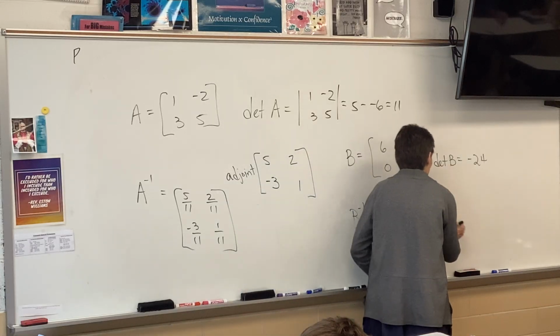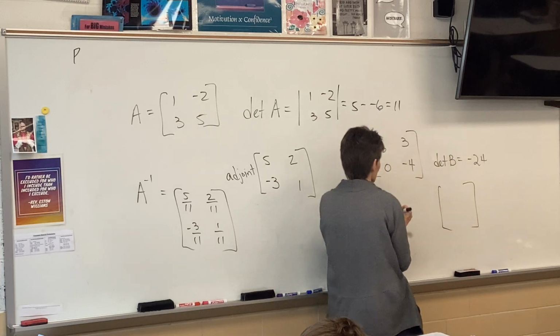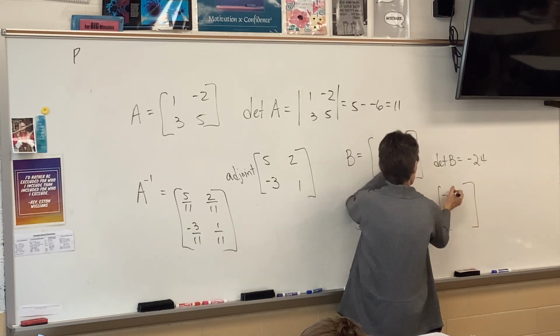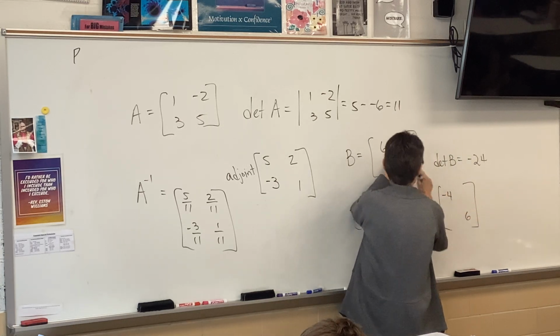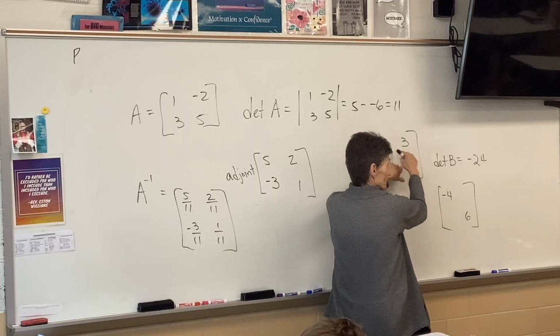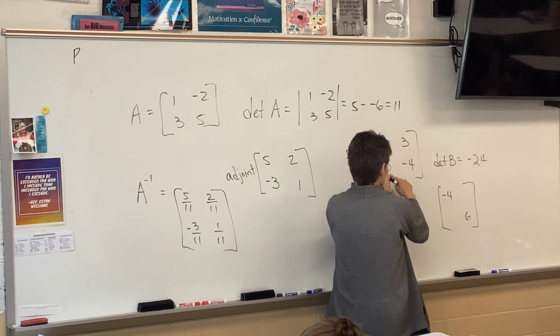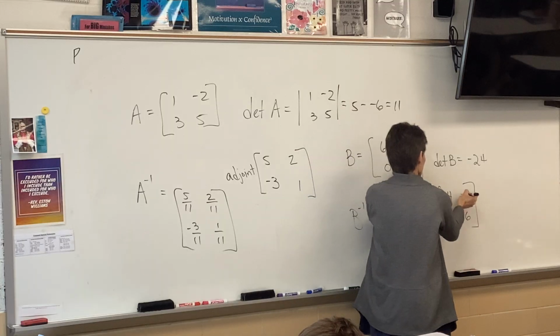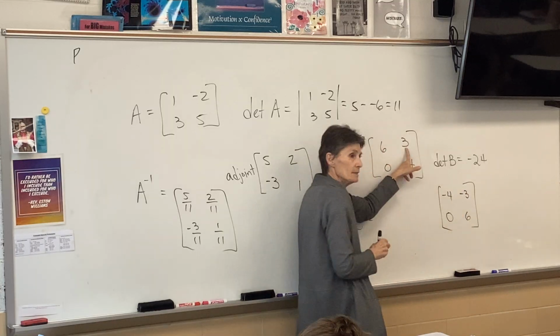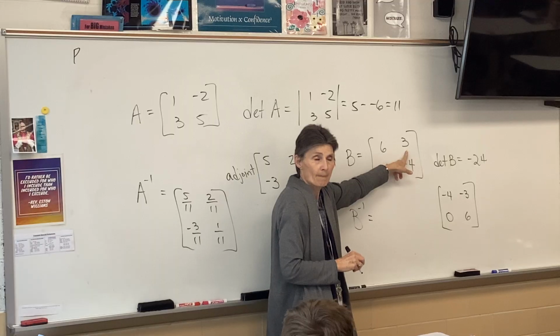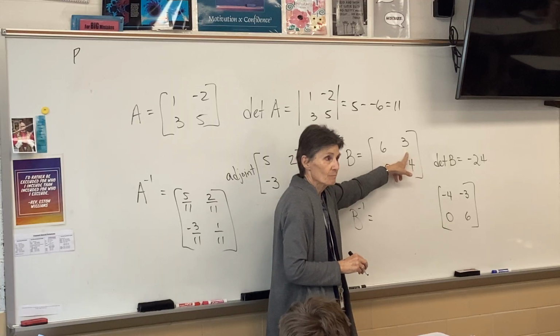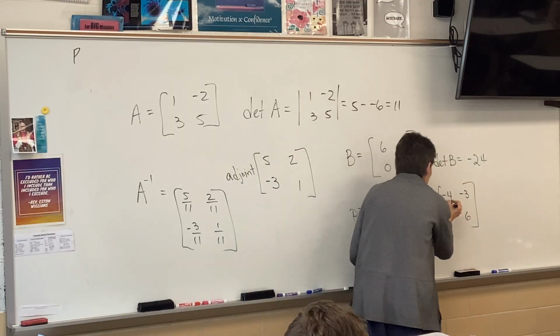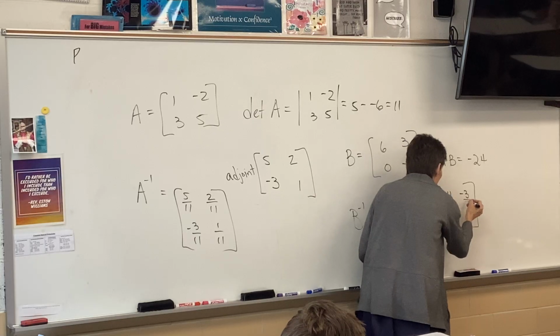Now, build your adjoint, your new matrix. So these guys flip. Zero is just 0, but positive is going to become negative. Now I'm going to put all these over -24.